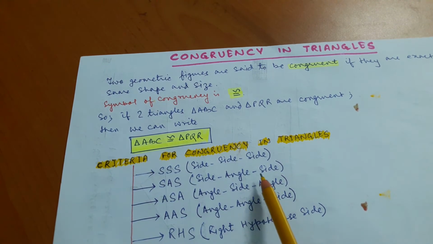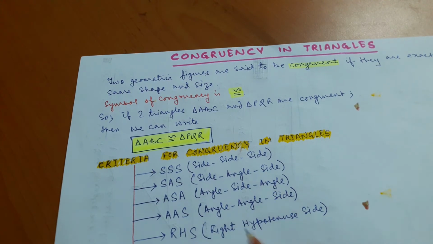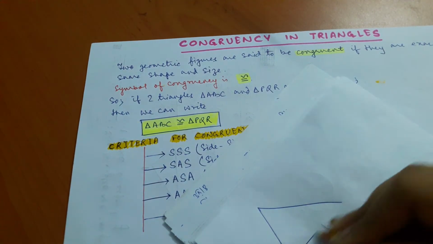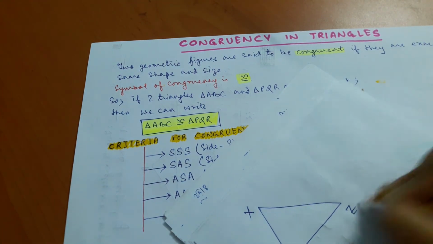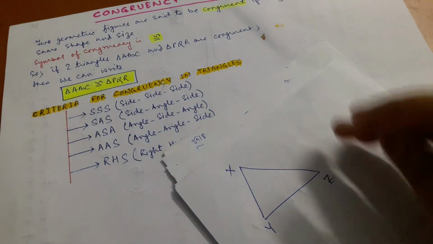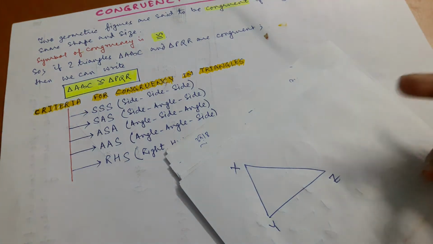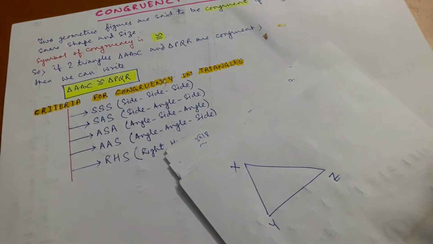What do we understand? We can say that this angle is between these two sides. If I talk about a triangle, suppose I'm drawing it, I'm talking about X, Y, Z. Now, to satisfy the SAS criteria, I have to talk about two sides and an angle in such a way that the angle is lying between the two given sides.